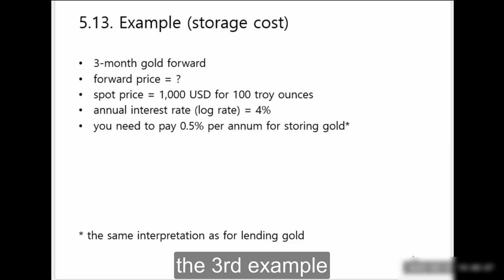If you need to pay for storage, of course, the exact opposite thing will happen. Instead of paying $1,000 to buy in the spot market, you will have to pay an extra $5 or something to buy gold if you don't want to keep it at your home. And therefore, it has the effect of increasing the spot price of the gold.